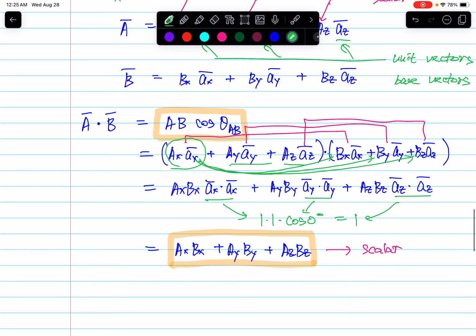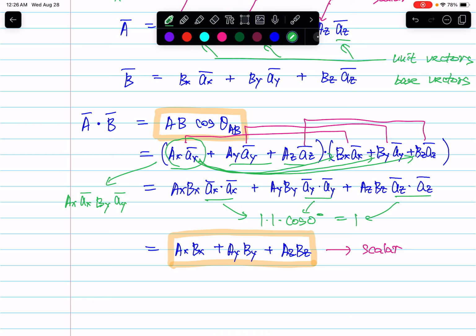But except for the case where you are multiplying the lowercase ax, which is one of the base vectors, by itself. For example, if you look at the second product, which results in ax, ay, okay?